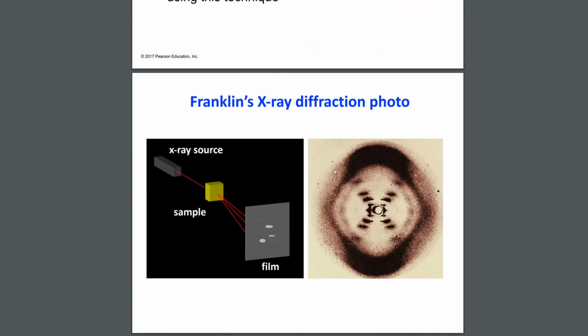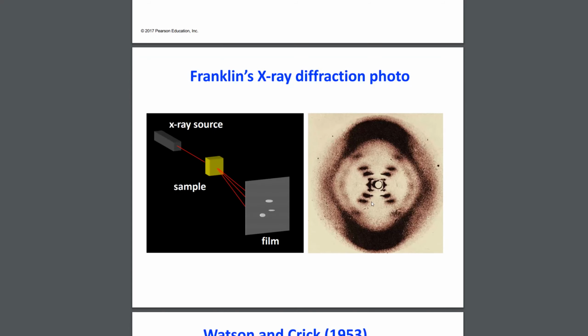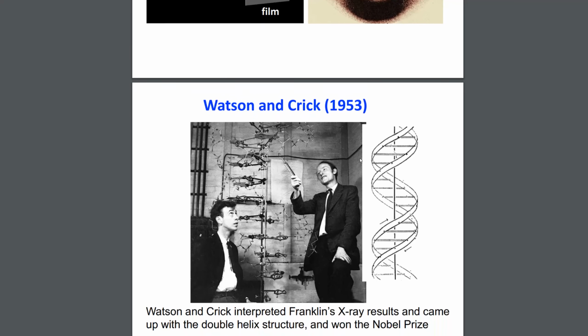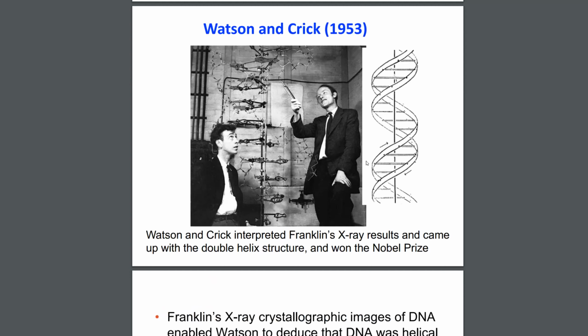So one of the most underrated women in all of science, Rosalind Franklin, did a lot of X-ray diffractions of DNA and found this structure to be essentially what the DNA looked like through the X-ray diffraction. And later on in 1953, Watson and Crick came by, they interpreted this and came up with this general structure of DNA, which we now know to be the double helix.